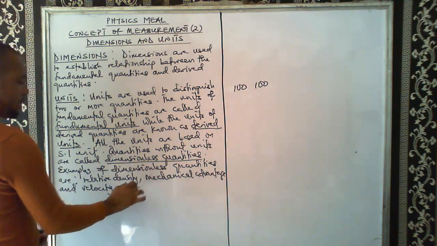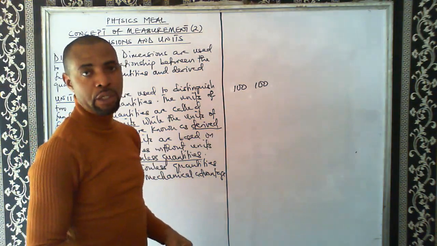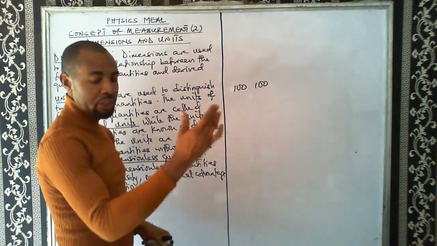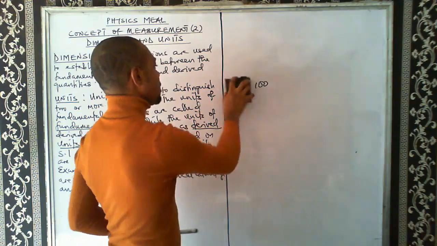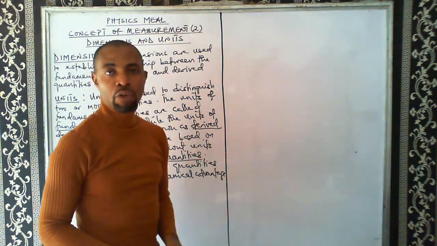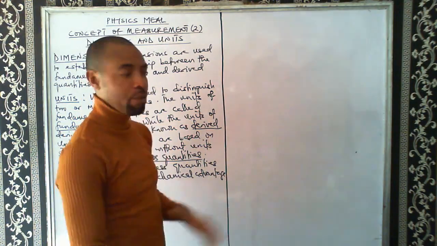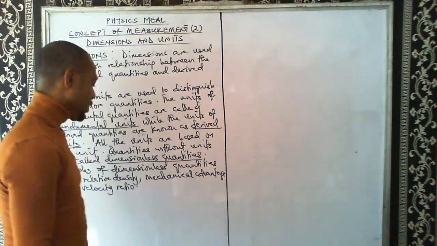There are others. Something like tensile strain is also dimensionless. In advanced form, you will be meeting a lot of quantities like that. Those that will go into engineering will meet quantities like the Nusselt number and the Reynolds number. Let's not go there for now.